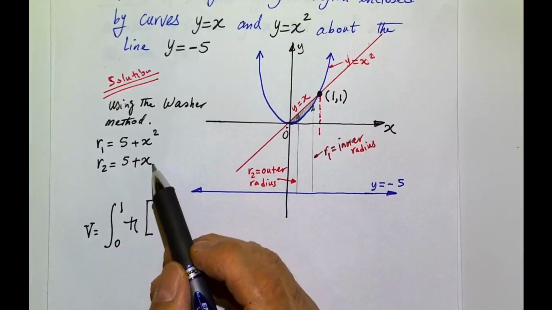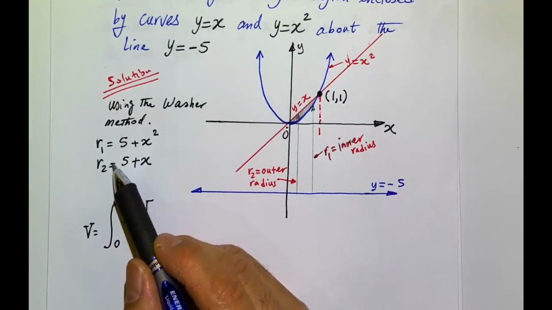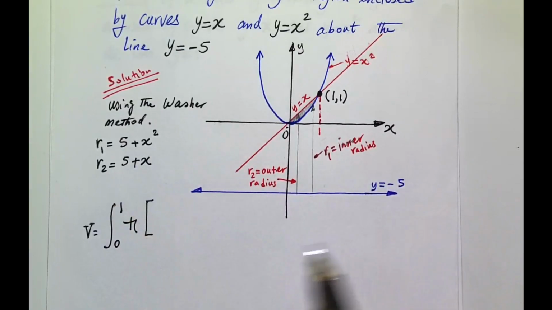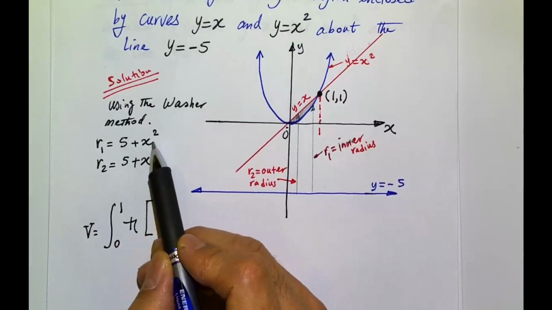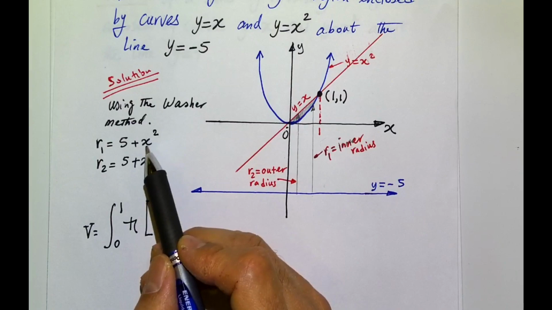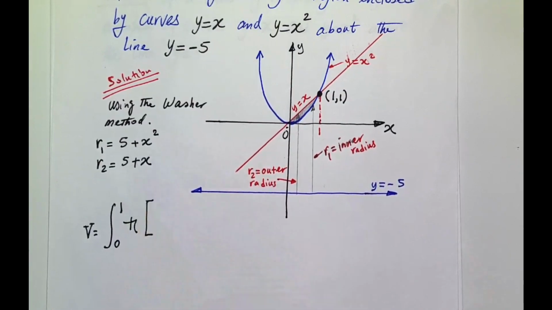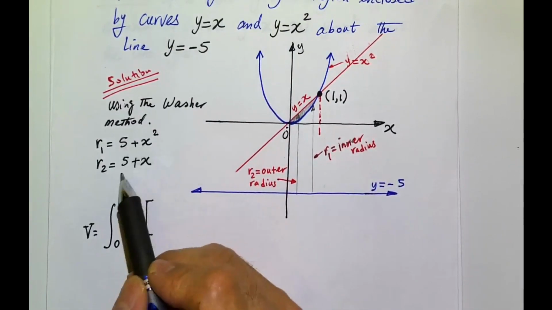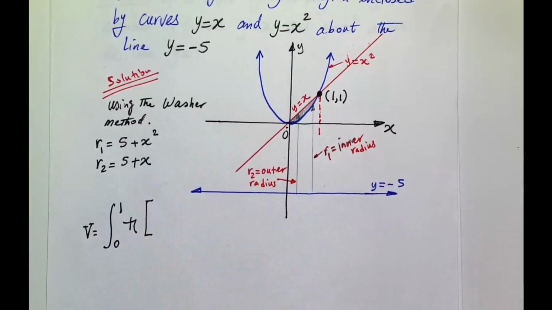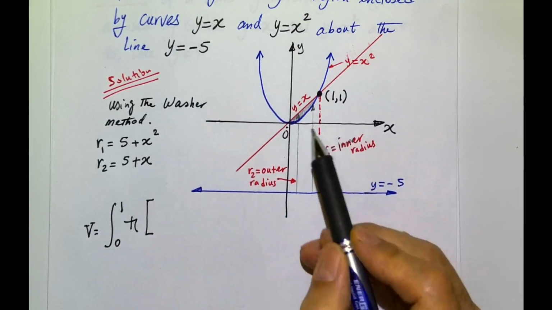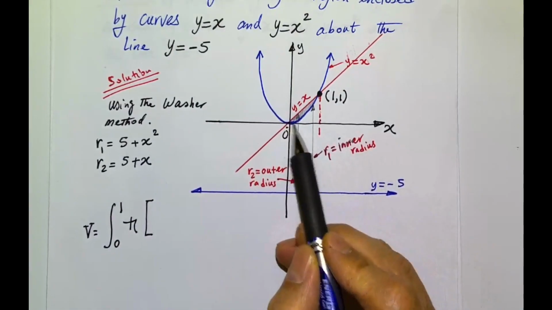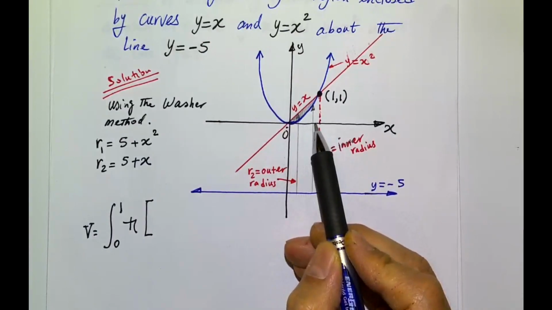So you might see these two, and you might say, well, wait a minute. How come 5 plus x squared is the inner radius? How is that even possible? This is a larger quantity than that. This should be the outer, this should be the inner. You would be right in your observation if this quantity was taken outside of the 0 to 1 region.